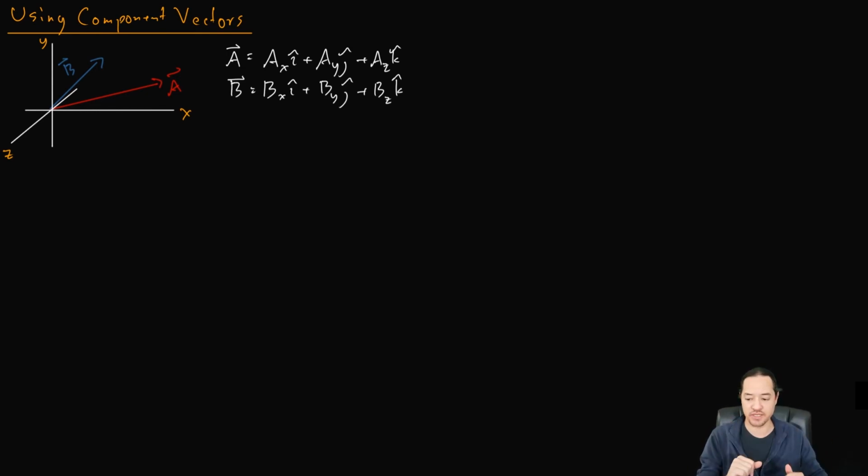Now what I want to do is write down a formula for A dot B. How can we do that?